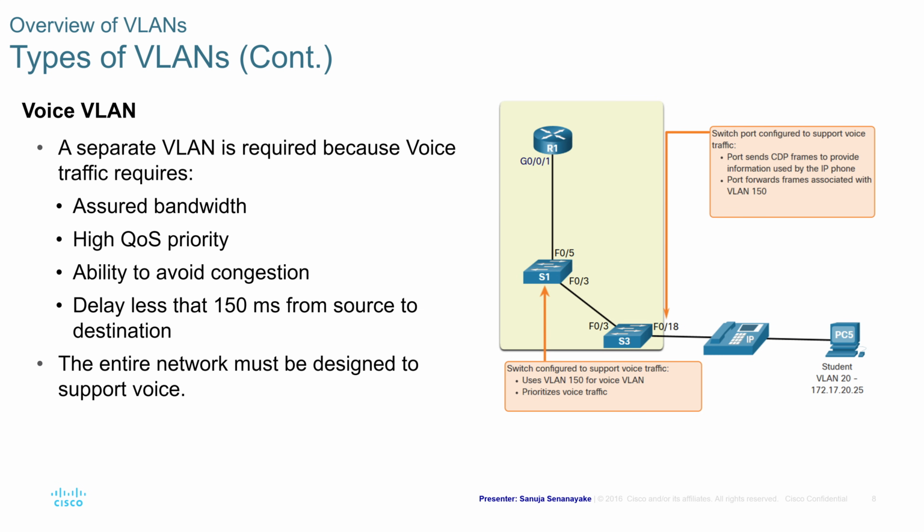So the entire network must be designed to support voice, instead of only a part of the network being designed to support voice. In other words, it's what we call the bottleneck effect. Sometimes you might go to the field and your network administrator or network technician may tell you that the network is designed for voice, but when you look at the system, only part of the network, let's say this switch, is configured to handle voice, but not these ones.